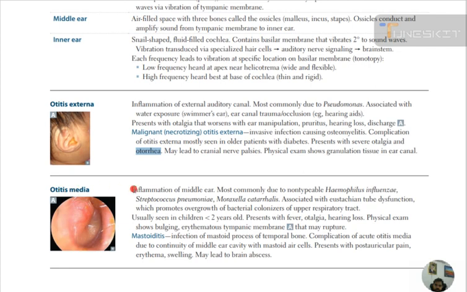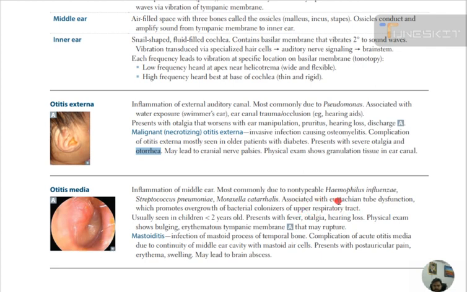So otitis media is inflammation of the middle ear, most commonly due to non-typable Haemophilus influenzae, Streptococcus pneumoniae, and Moraxella catarrhalis.